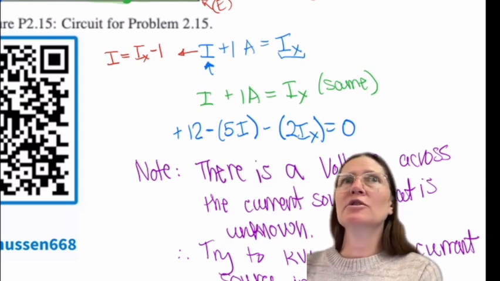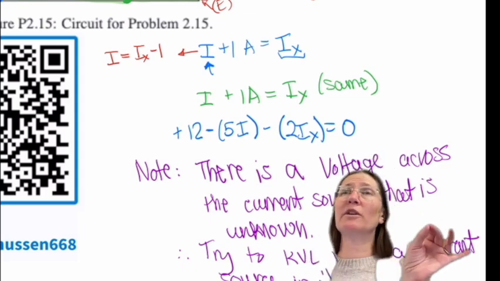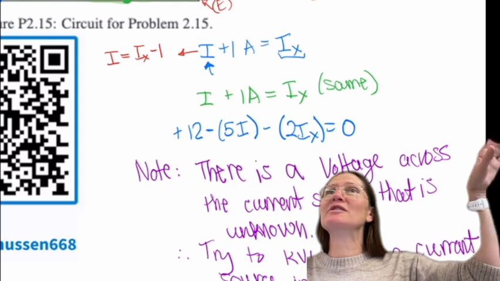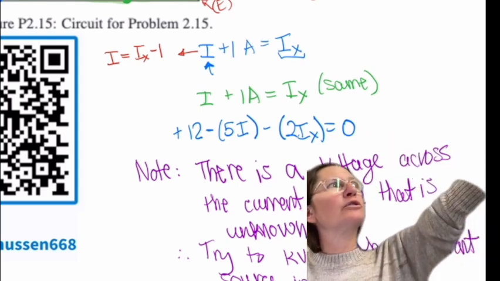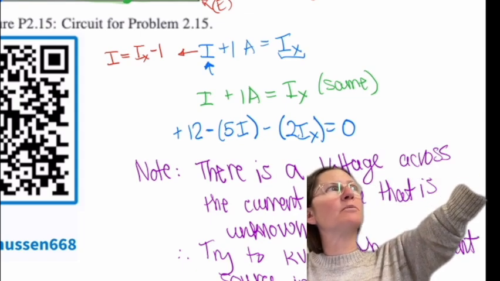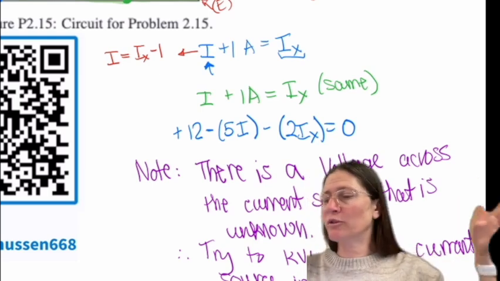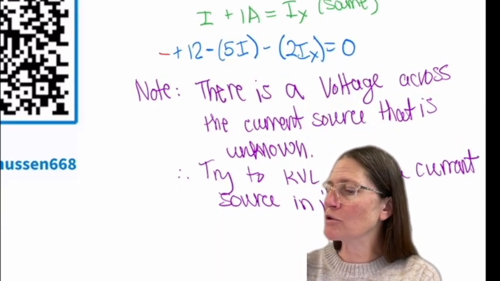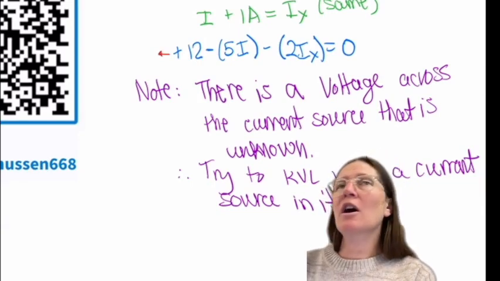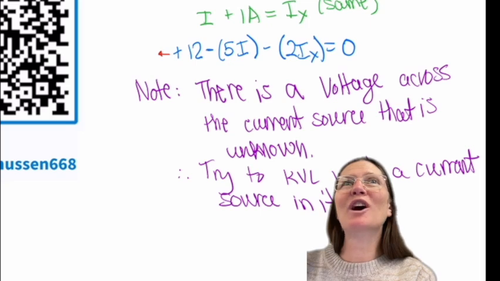So I do want to check, that is one way of checking to make sure your equation is correct, is that your units for each quantity are the same. So I is going to be in amps, 1 amp, and Ix will be in amps, so great. Down here we have volts. So 12 volts. I times R, so 5 ohms.